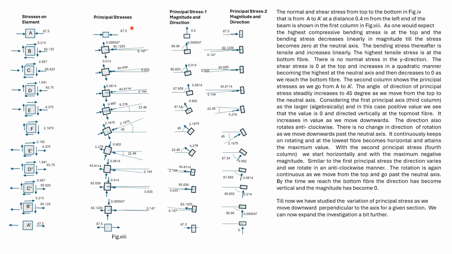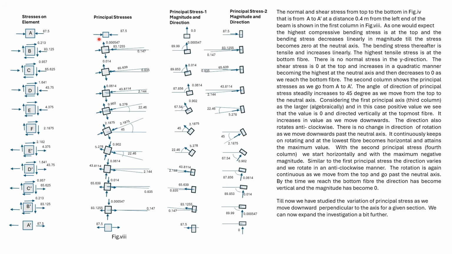The second column shows the direction and magnitude of the principal stresses. The angles keep on changing continuously from top to bottom. In the third column, we have shown the principal stress that is algebraically larger.